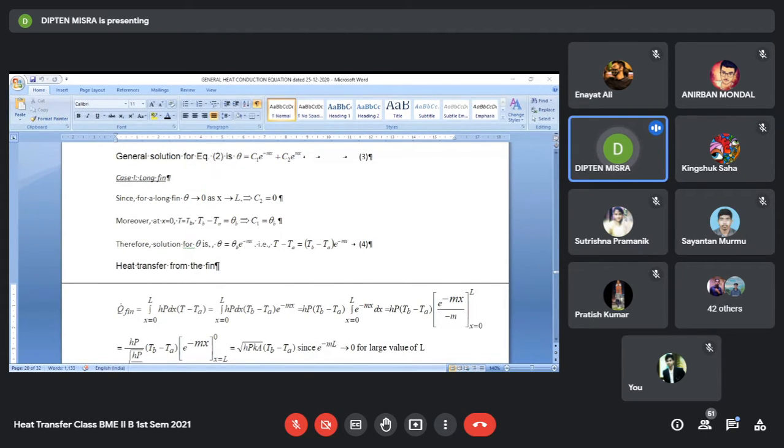Think of another situation where we have a high value of conductivity. If you have a very high value of conductivity, then even with a very small value of dT/dx, you can have enough heat transfer. So when you go for higher and higher conductivity, your temperature gradient at the fin base will be smaller and smaller. You can think of a situation where the conductivity approaches infinity.